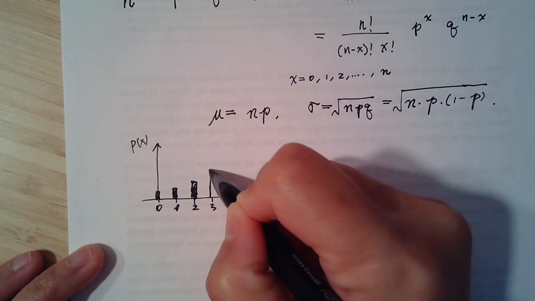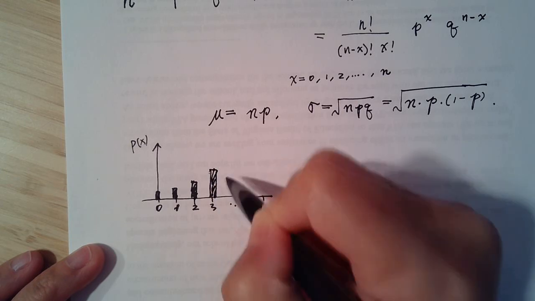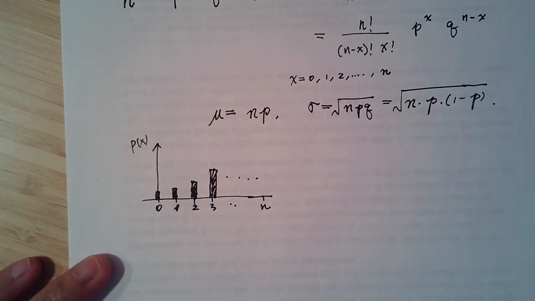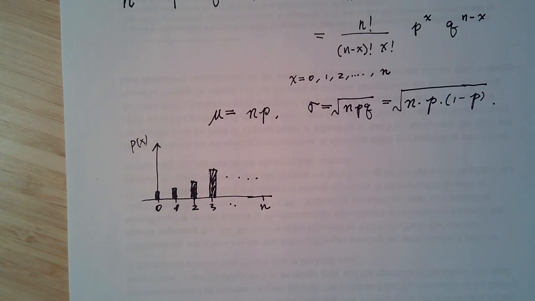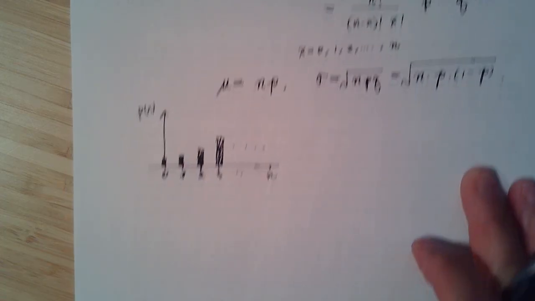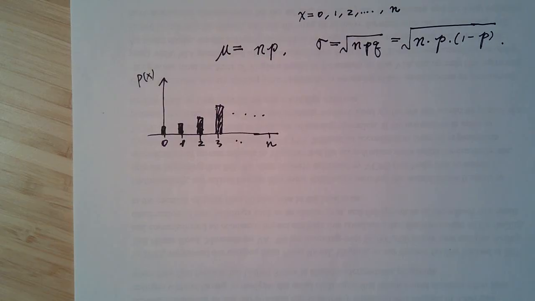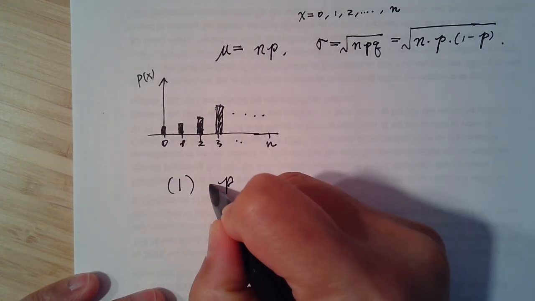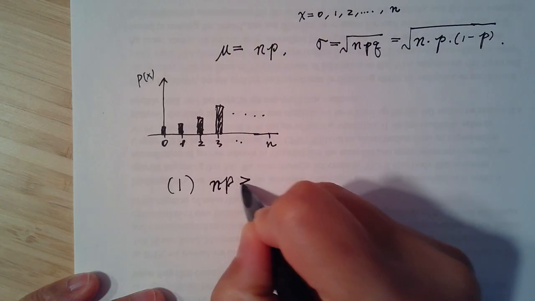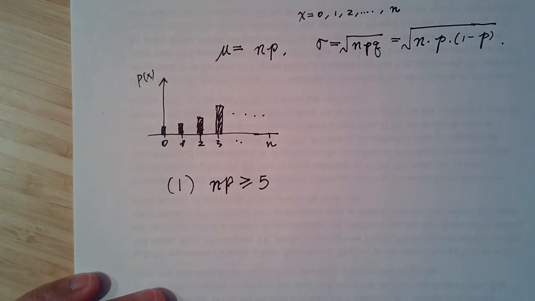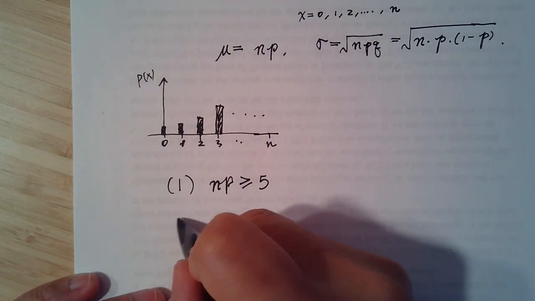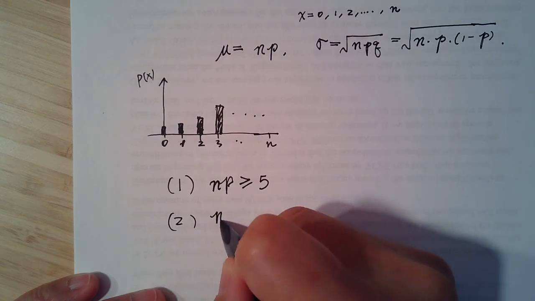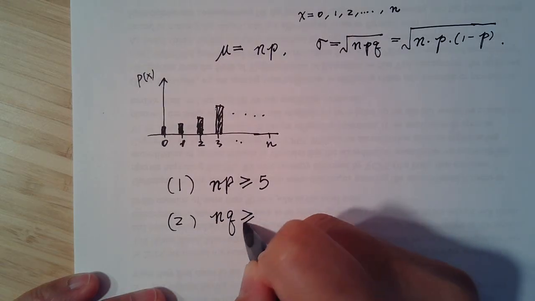Now, in this section, what I want to tell you is that there are two conditions. The first condition is np is greater than or equal to 5, and the second condition is nq is greater than or equal to 5.